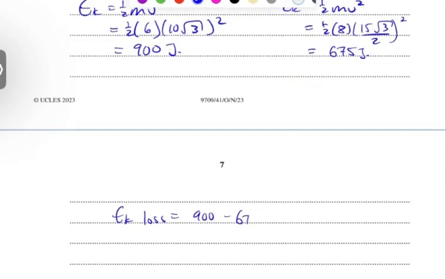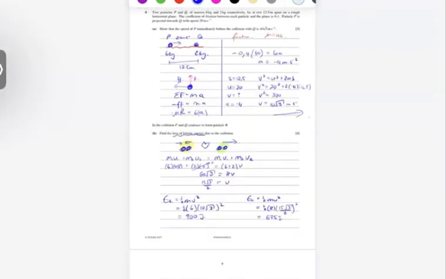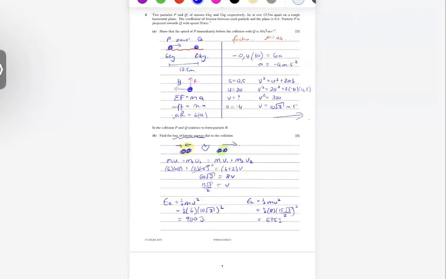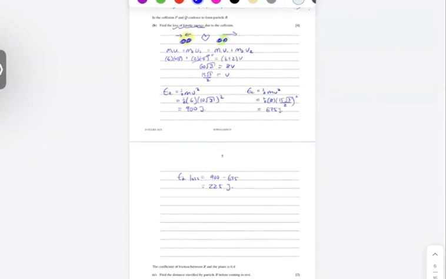Minus 675, and that gives us an answer of 225 joules. We always just look at a snapshot right before the collision and right after the collision. So there was a loss of 225 joules.